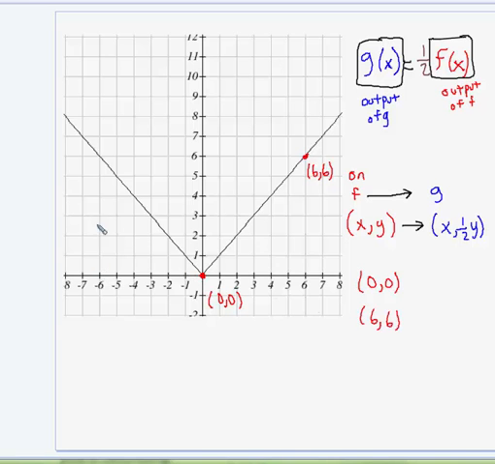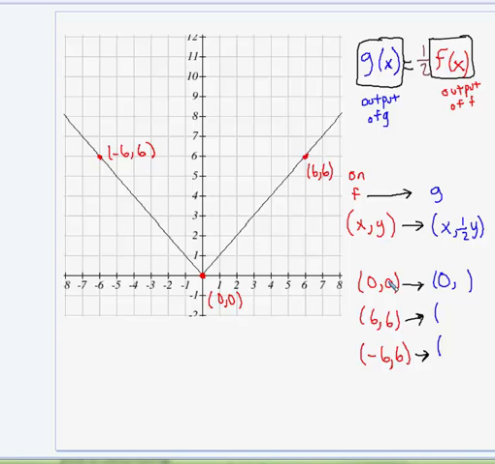And -6, 6, and we will find the transformed point on g for each of these three by simply following the rule that I'm to leave the x value alone. This x value is 0, I leave it 0, and the new output will be 1/2 the old output.